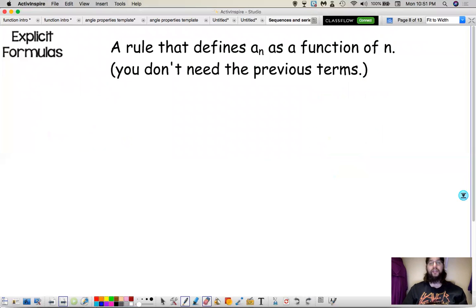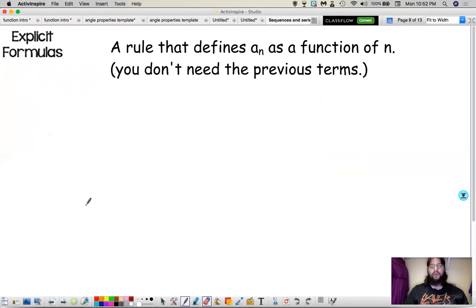Explicit formulas. So these are formulas that do not rely on the previous terms. So if we look at a sub n, it's going to be a function of n instead of a function of a sub n minus 1 or a sub n minus 2, anything like that. It doesn't need the previous terms in order to find out what your 100th term is.